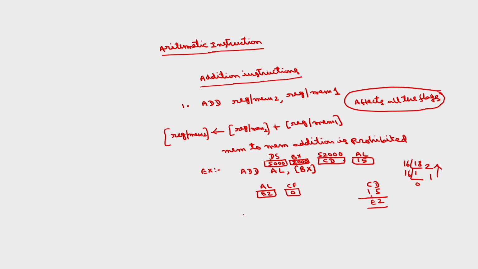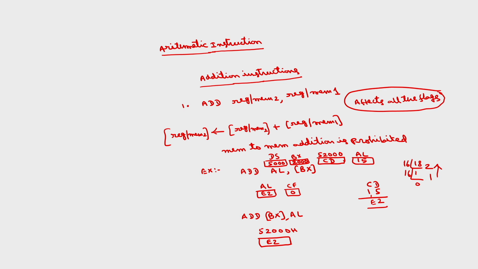If you have ADD BX comma AL, then this result E2 will be stored in this 52,000H. So one of these two operands should be a register, both cannot be memory. This is a simple ADD instruction.